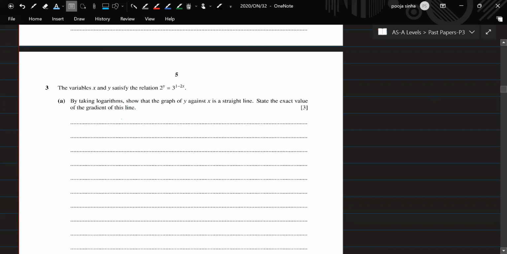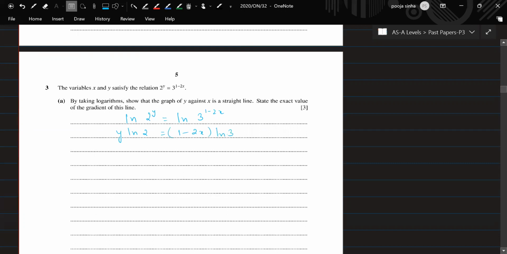Okay. Just tell me one thing: when you took ln on both sides, ln 2 raised to power y is equal to ln 3 raised to 1 minus 2x, right? So y came on this side, it became ln 2. 1 minus 2x came on this side, it became ln 3.